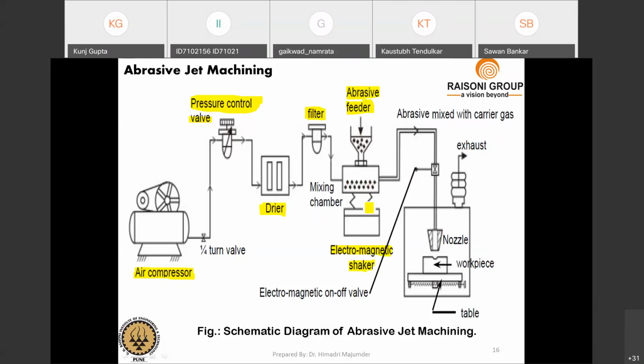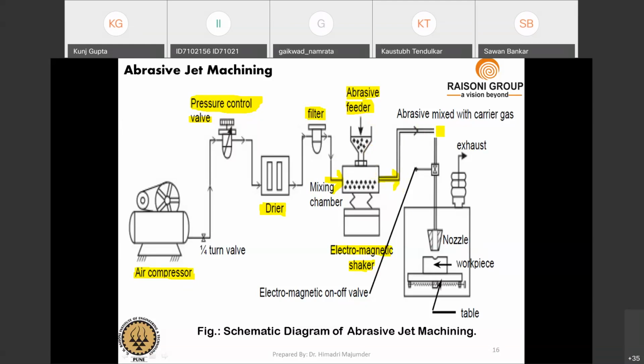Up to this mixing chamber, there is only carrier gas. But after this mixing chamber, you will find the abrasive particles carried by our carrier gas, small abrasive grit.